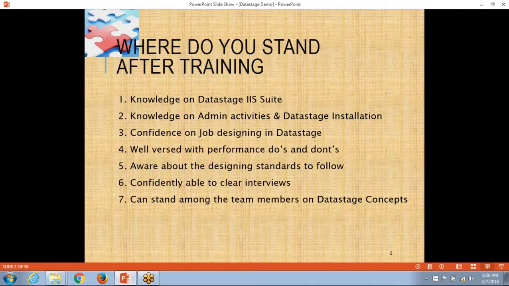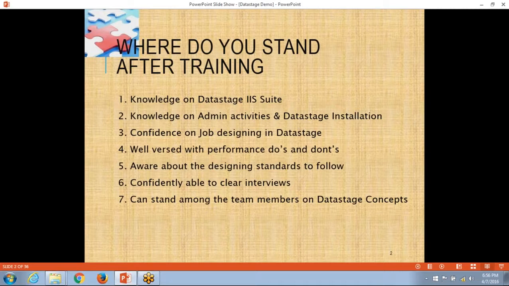That is what we are trying to build in you, and we are expecting that if you follow the same pattern of job development, you will be able to clear an interview or do well in your working project. That is the intention of the training.